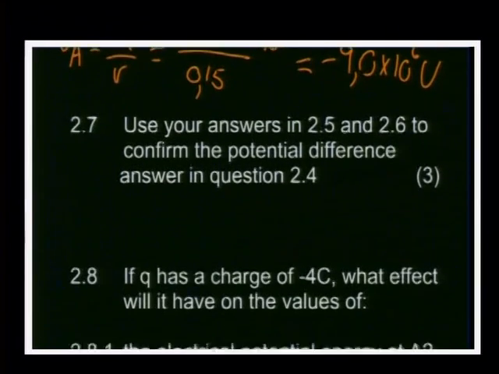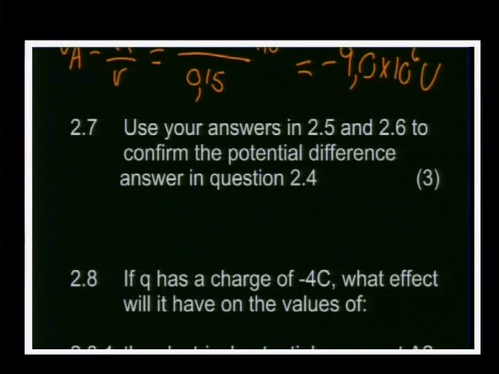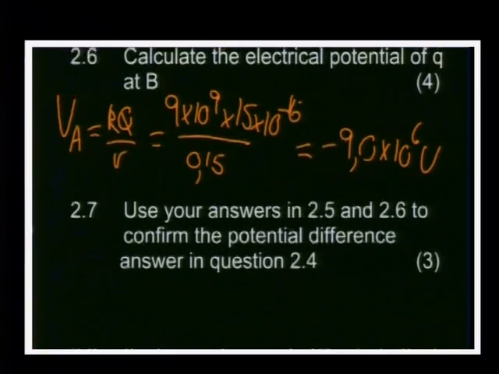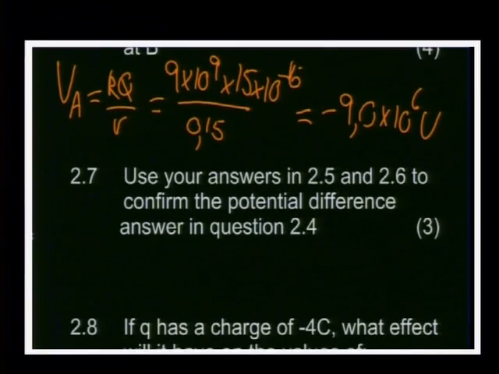Now, the next question is the interesting one, because it asks us to use your answers in 2.5 and 2.6 to confirm the potential difference in question 2.4. So what we're going to do is just that. We've got the potential at the 2 points, so the potential difference will be VA minus VB.